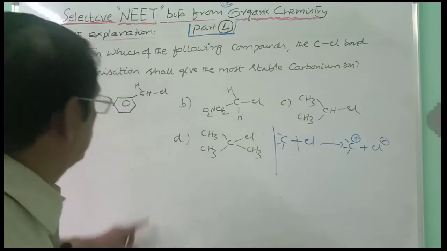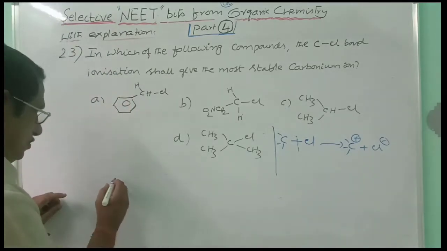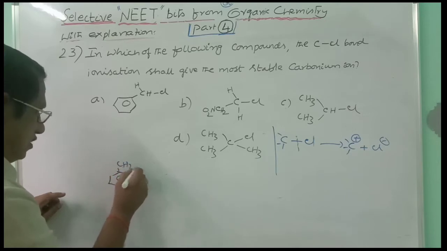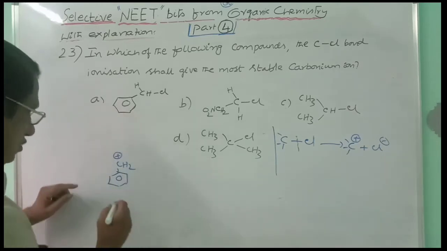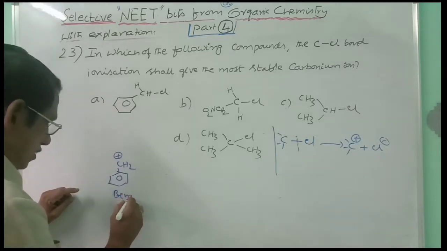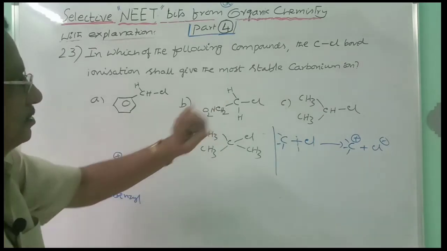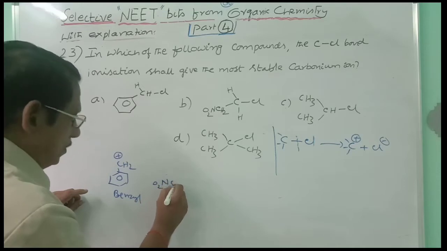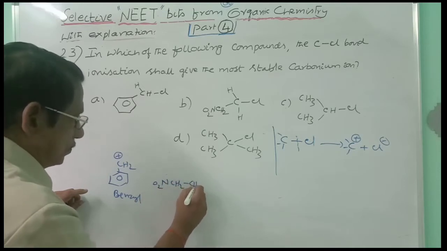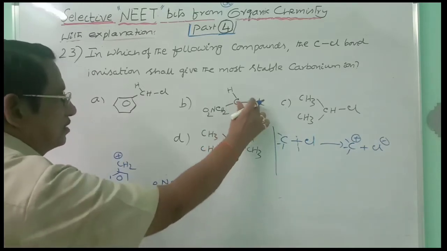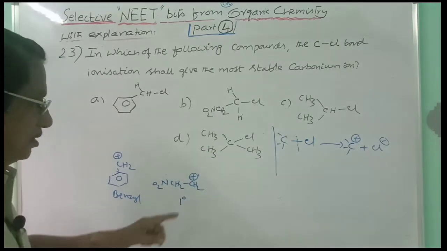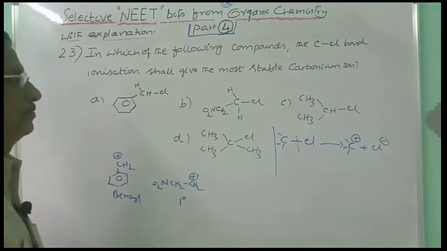If the C-Cl bond is undergoing ionization here, you will get the benzyl carbocation. This is the benzyl carbocation. In this case, you will get NO2, CH2, CH2 plus, when the C-Cl bond is undergoing ionization. This is a primary carbocation, because the carbon is carrying 2 hydrogens, it is primary.